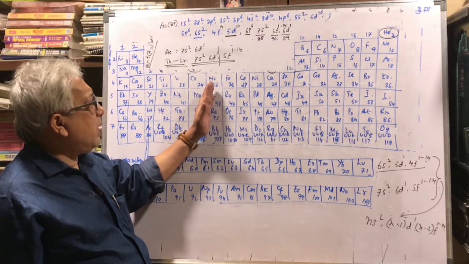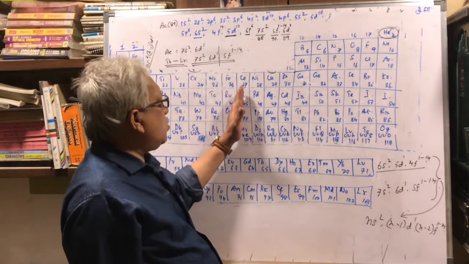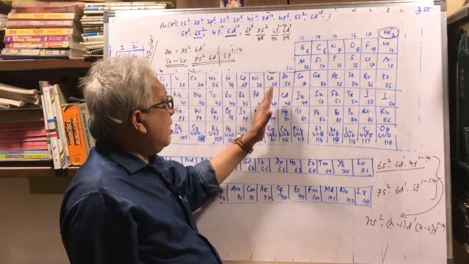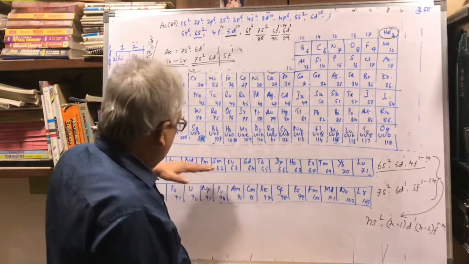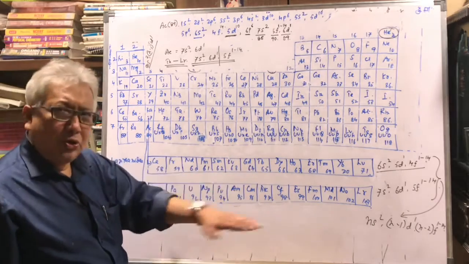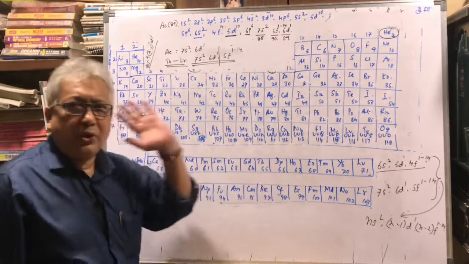Then ns2 (n-1)d5, ns2 (n-1)d6, ns2 (n-1)d7, ns2 (n-1)d8, ns2 (n-1)d9, ns2 (n-1)d10. And here the configuration is ns2 (n-1)d1 constant, and then (n-2)f 1 to 14.